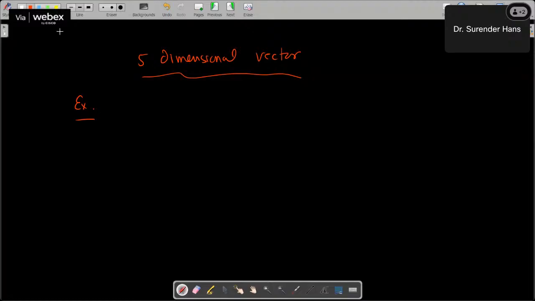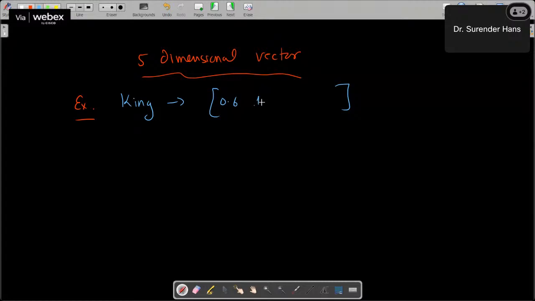Let's say there is one word, king, and this king has 5 items, let's say 0.6, 0.5, 0.3, 0.9. These are the five dimensions. Similarly, we can represent other words the same way, as five-dimensional vectors.